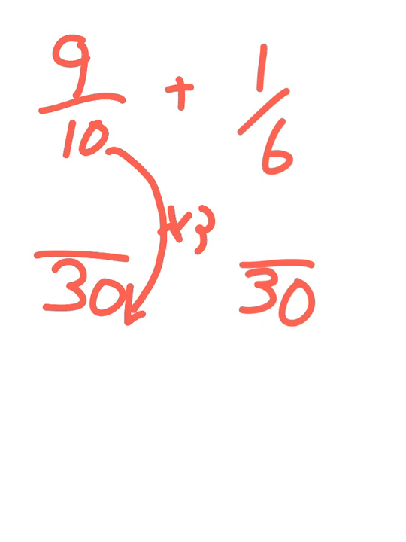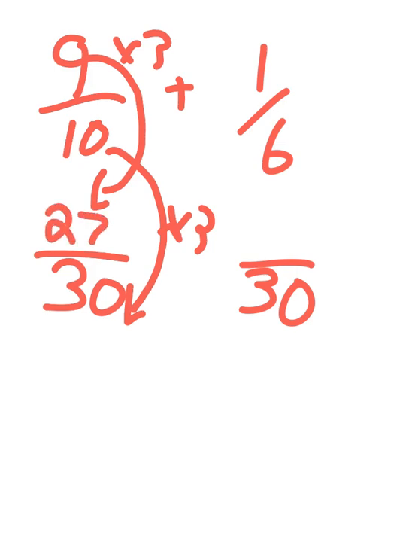Now, when we're doing this, if we do something to the denominator, we're multiplying that by 3, we have to do the same thing to the numerator. So we're going to have to multiply 9 times 3, which is 27. So our new fraction is we're changing 9/10 to 27/30.